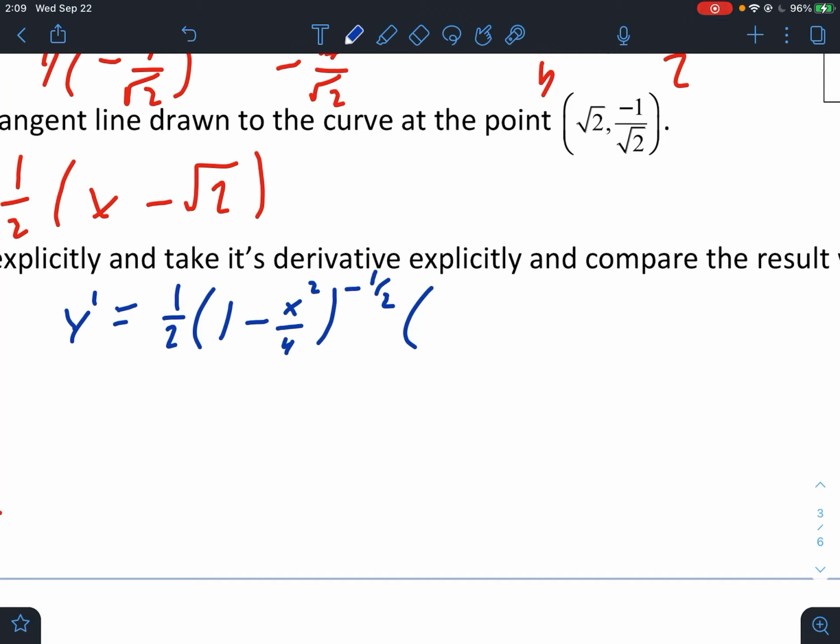So it'd be negative x over 2. If we simplify this a little bit here, we would get negative x over 4 times the square root of 1 minus x squared over 4.